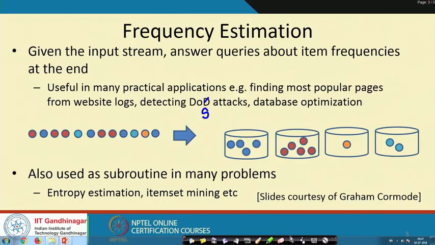You could also imagine that if you are a huge web company, imagine you are Google or Yahoo or Microsoft, and you are trying to find, from msn.com, which are the most popular pages that are being clicked. So, you look at the website logs. Well, those machines do not have a lot of memory to devote to your analytics tasks.